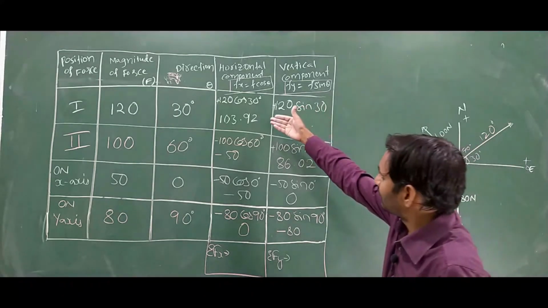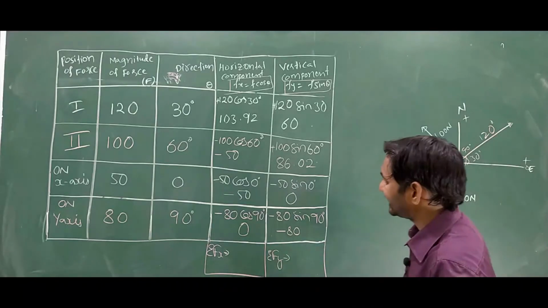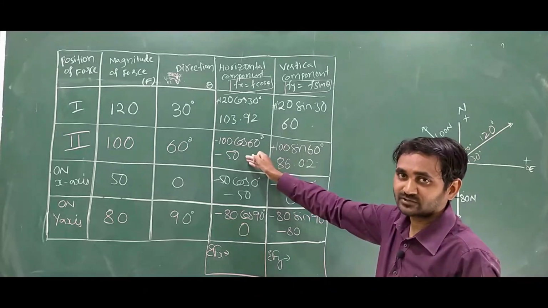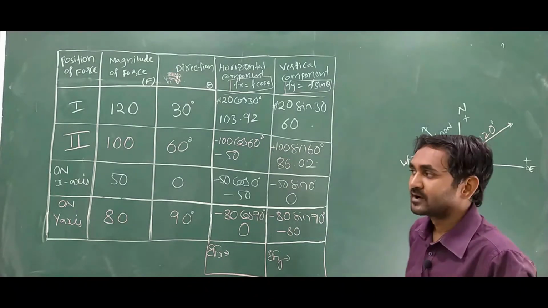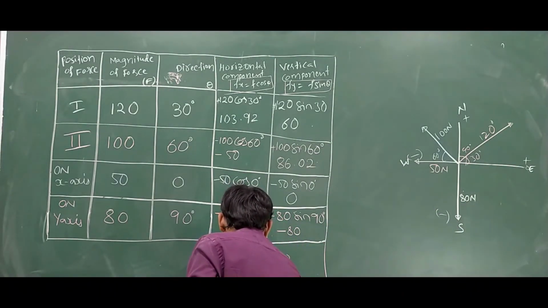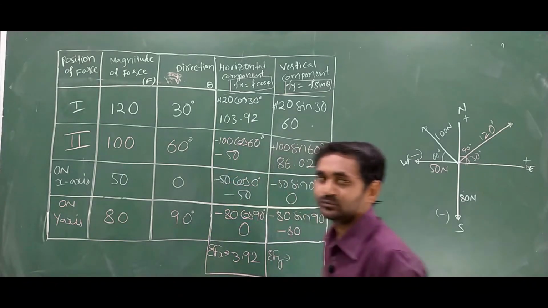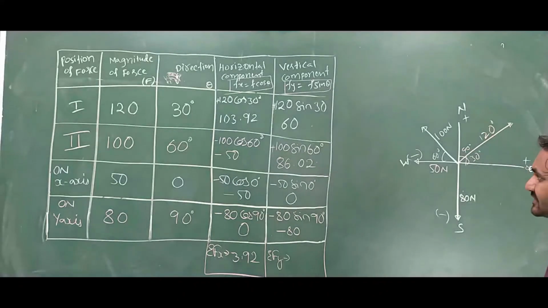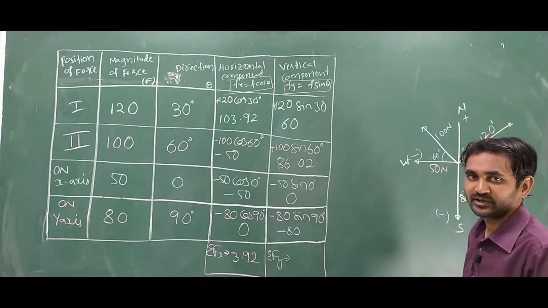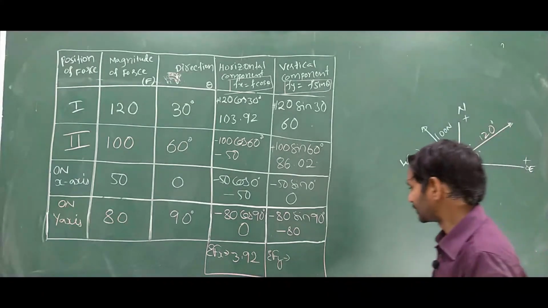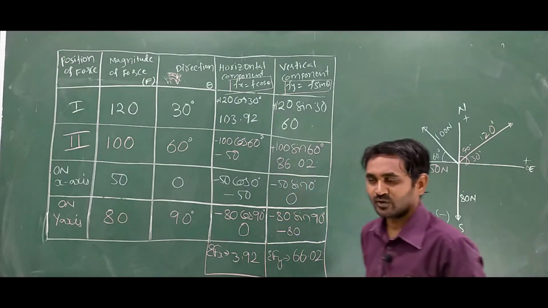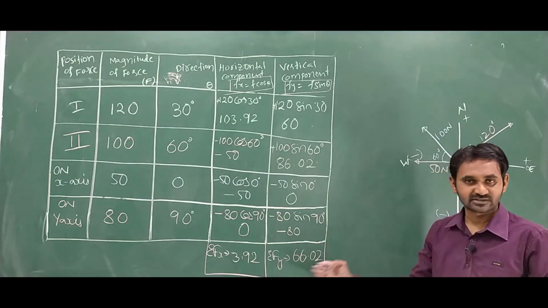So put all this in your calculator: 103.92 minus 50 and minus 50 comes to minus 100. So minus 100 plus 103.92 will be 3.92 newtons. And next solve this: 60 plus 86.02 minus 80, you will get 66.02.